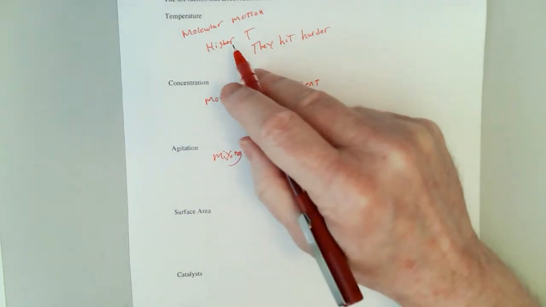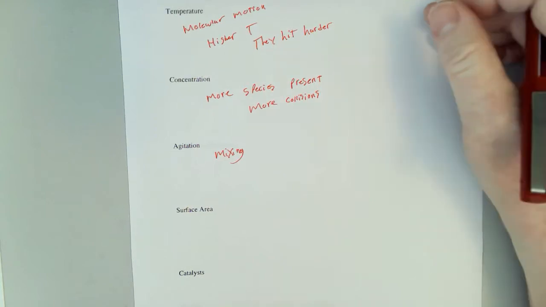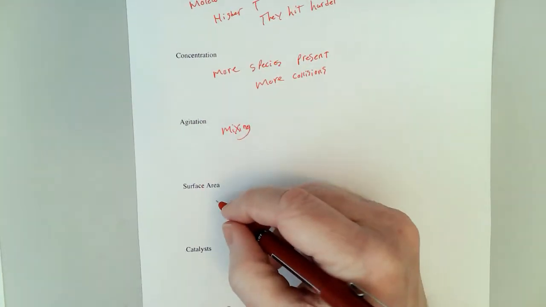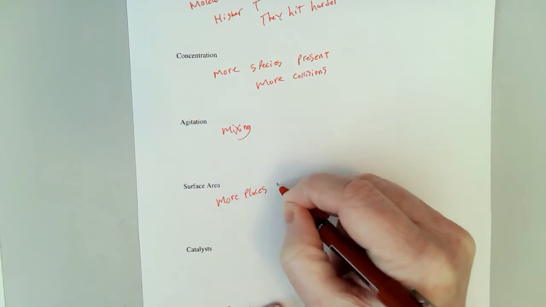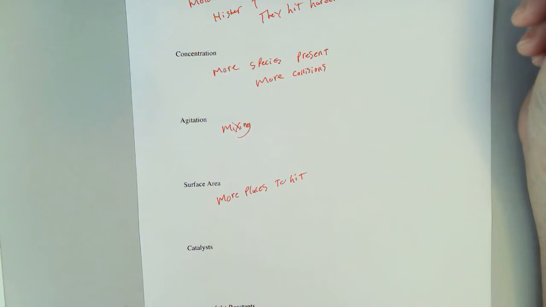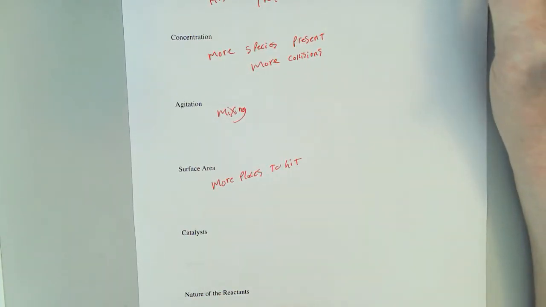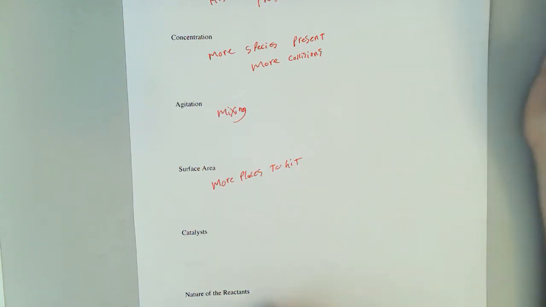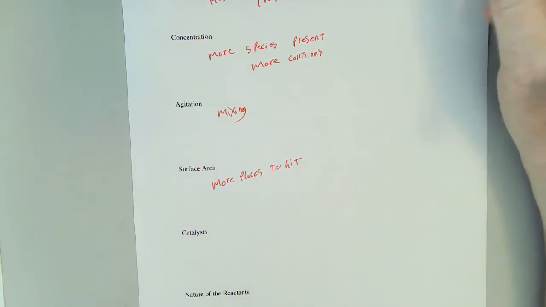You're making them move more, they're going to hit more often, they're going to hit harder. Surface area, more places to hit. If I take a sugar cube and drop it in a cup of tea, it takes a relatively long time to dissolve. If I take a spoonful of sugar and drop it into a cup of tea, it dissolves almost instantly. More surface area, more collisions.